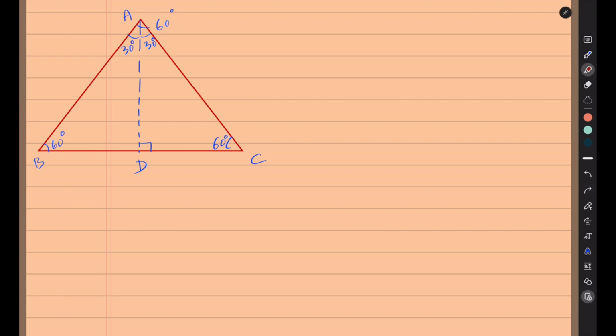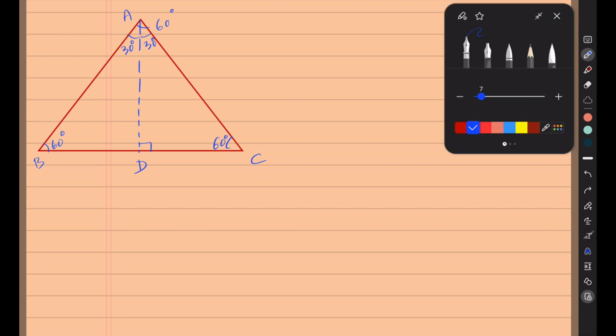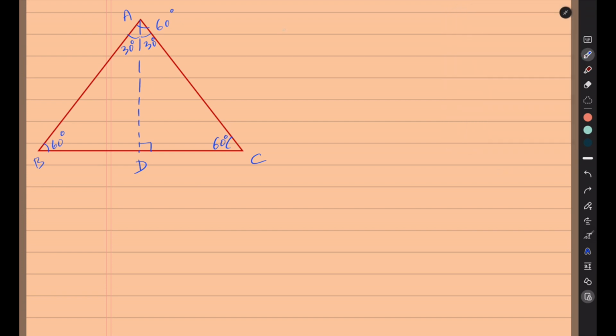First of all, we have already declared that this is an equilateral triangle, isn't it? What does that mean? It means sides AB, BC, and AC are all equal. Let us assume it's a meter or centimeter or whatsoever. Let us assume side AB is a, BC is also a, AC will also be a. Why? Because this is an equilateral triangle.